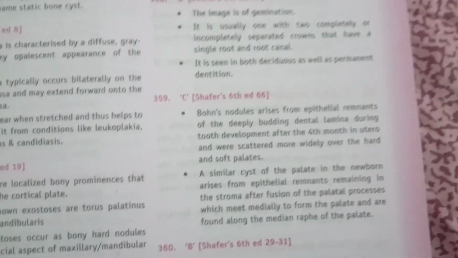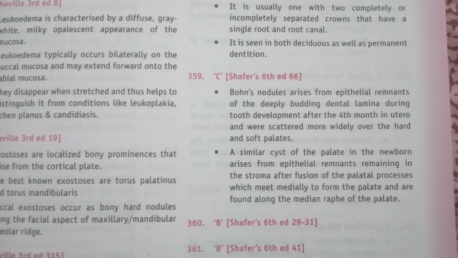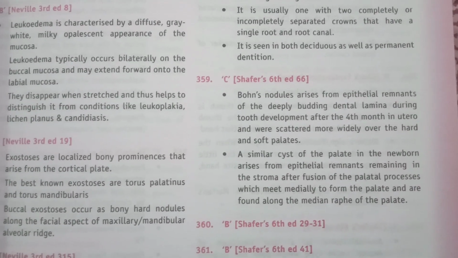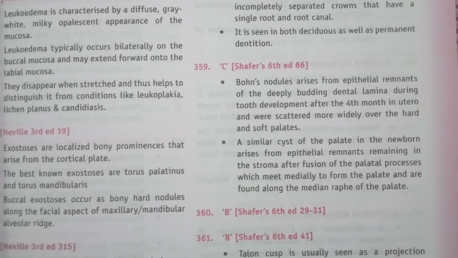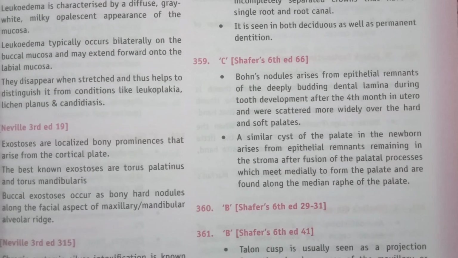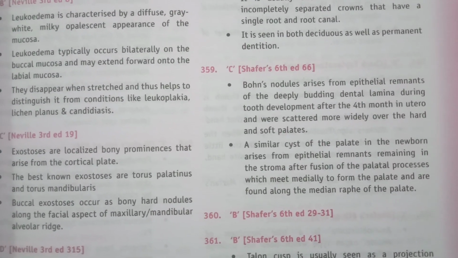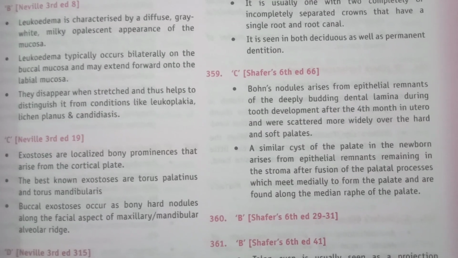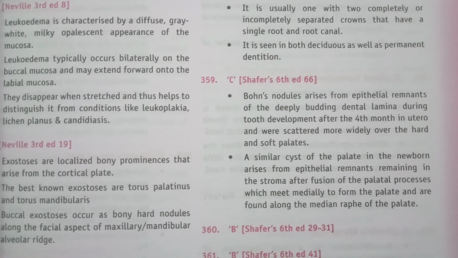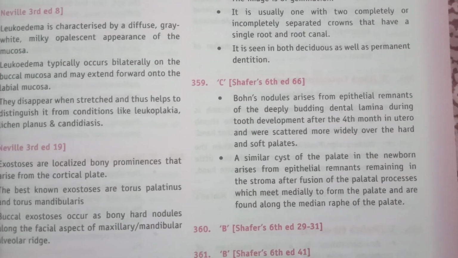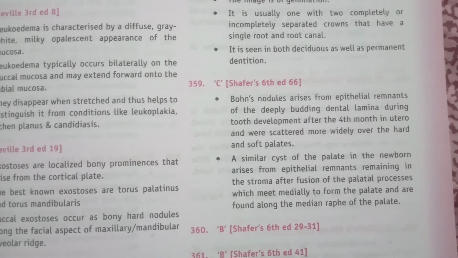Yes, Bohn's nodules arise from epithelial remnants of the deeply budding dental lamina during tooth development after the 4th month in utero and are scattered more widely over the hard and soft palate. A similar cyst of the palate in the newborn arises from epithelial remnants remaining in the stroma after fusion of the palatal processes, which meet medially to form the palate, and are found along the median raphe of the palate.